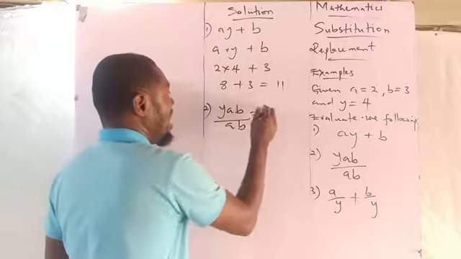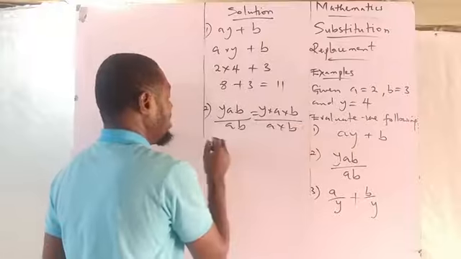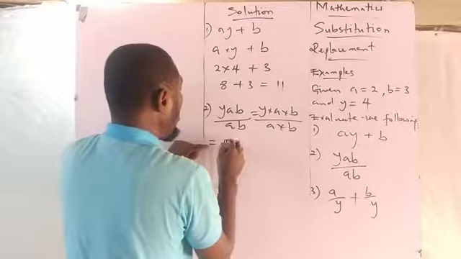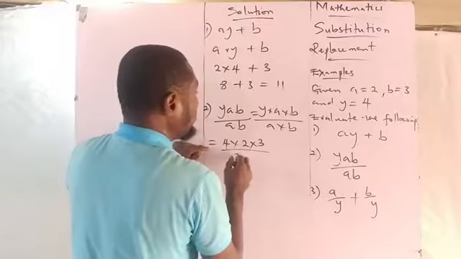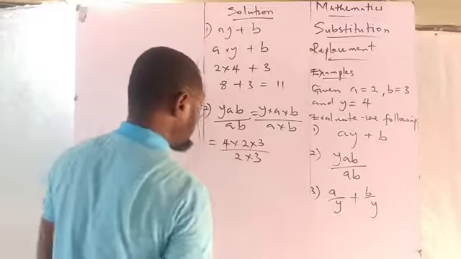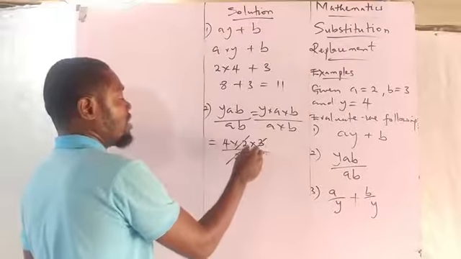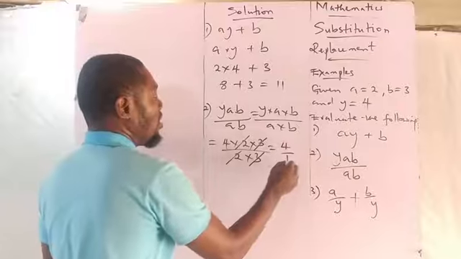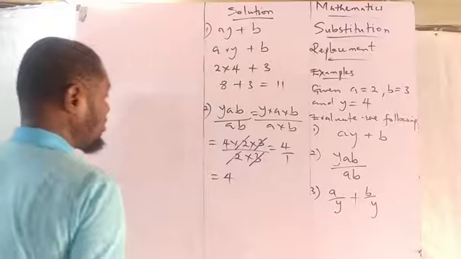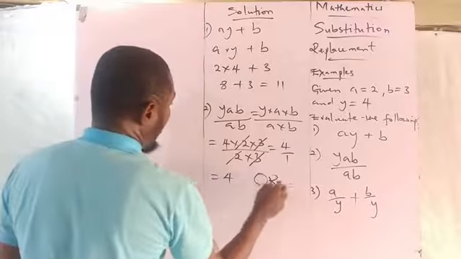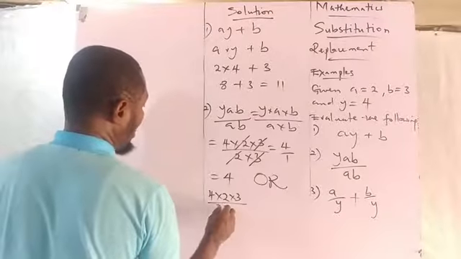YAB means Y times A times B, and AB means A times B. So I have 4 times 2 times 3 all over 2 times 3.